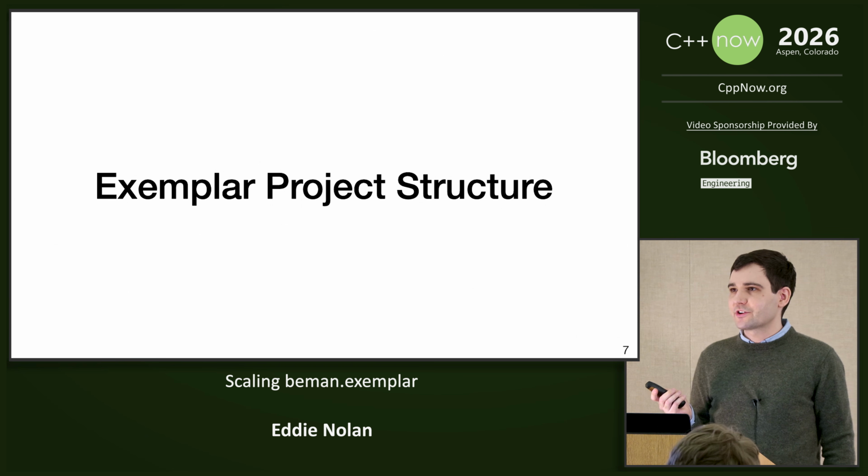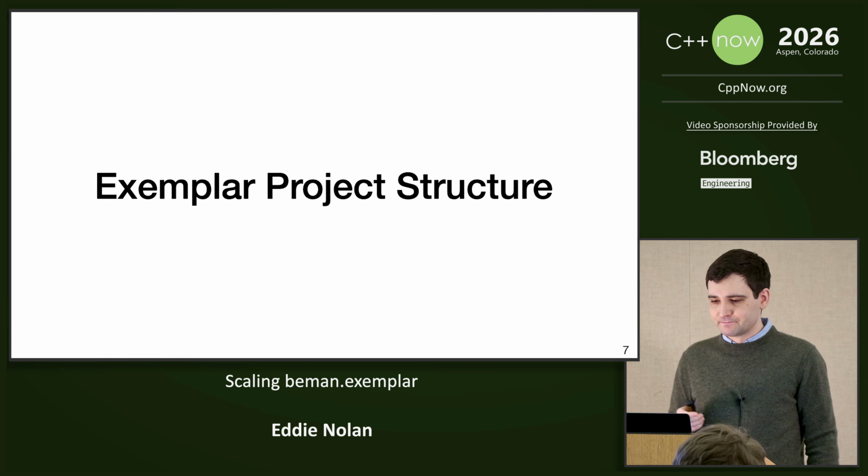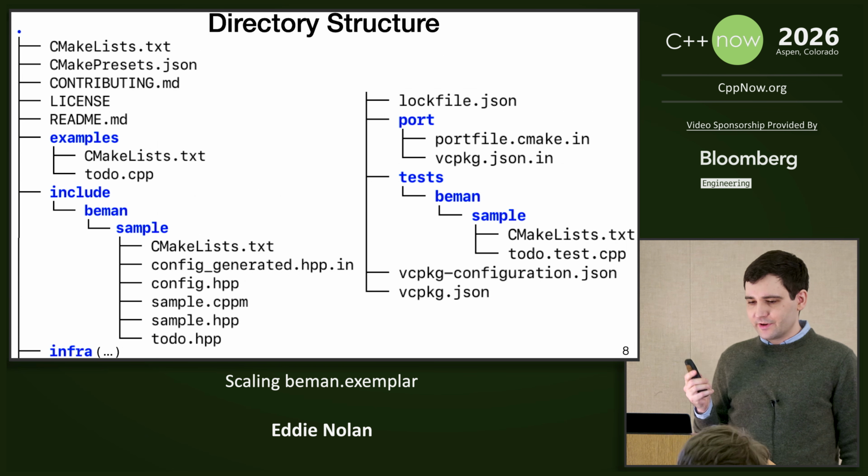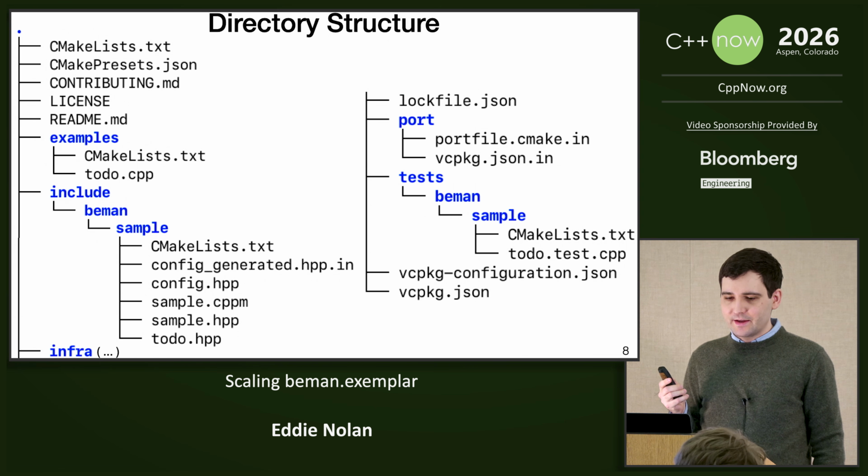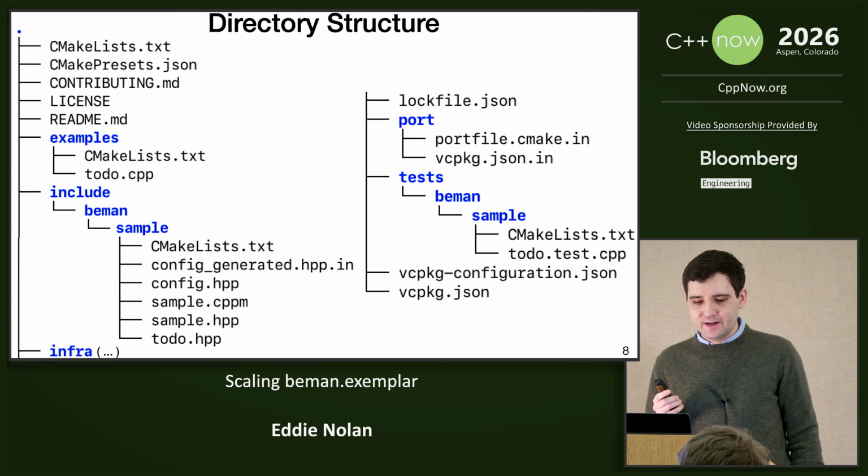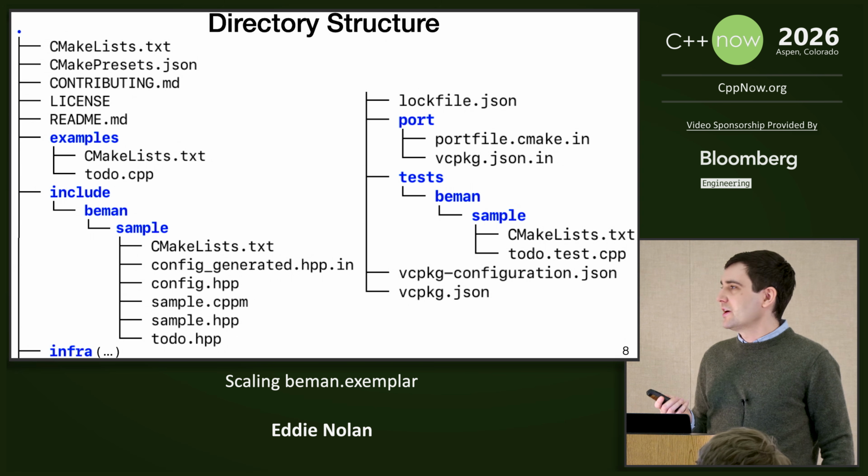So the project structure of the exemplar template, this is what it looks like if you run a tree command on a newly generated stamp of the exemplar repository.